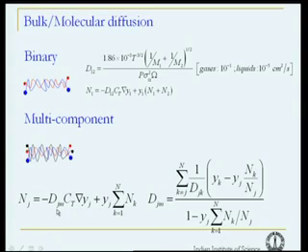What is this effective diffusion coefficient DJM in the mixture? One can show it is related to the composition of the mixture, the mole fraction y, and the fluxes Nk by Nj and so on.